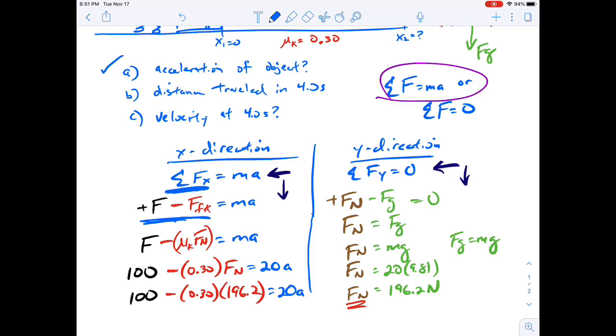And if I solve all this math, and I'm not going to do all the intermediate algebra steps here, subtract it from 100, and divide it by 20, 2.06.